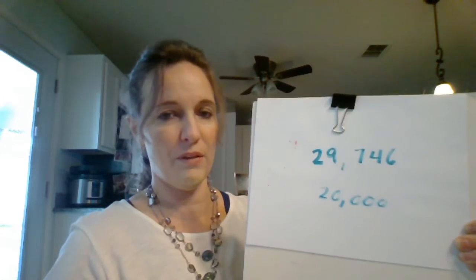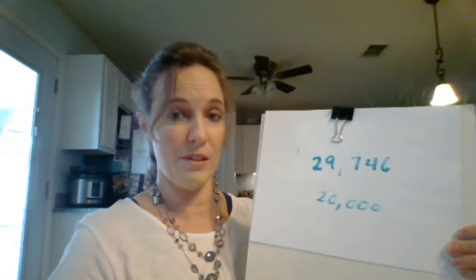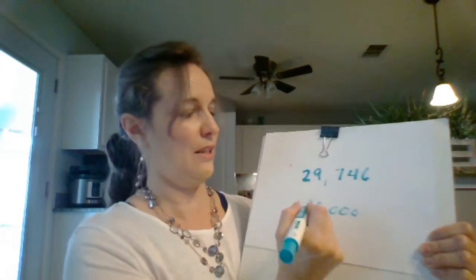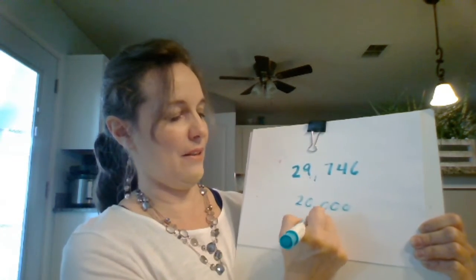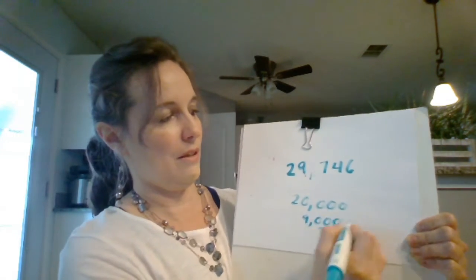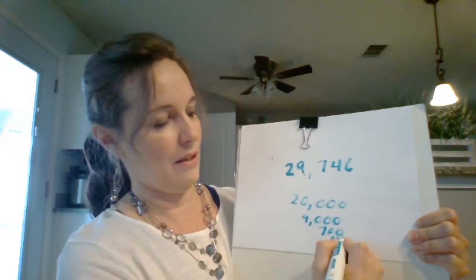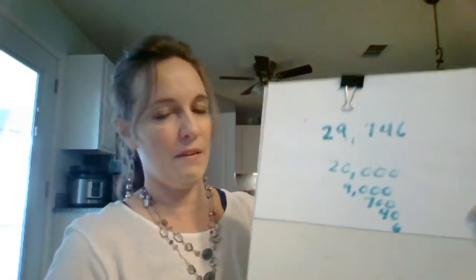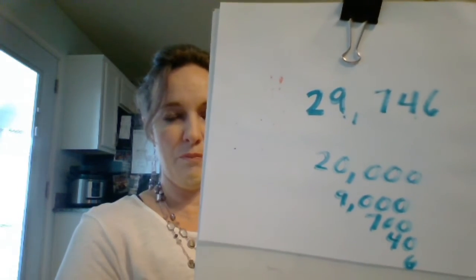Okay? Because I'd have 2 huge cubes of 10,000. So 10,000, 20,000. Then I have 9,000. Then I have 700. Then I have 40. And I have 6.